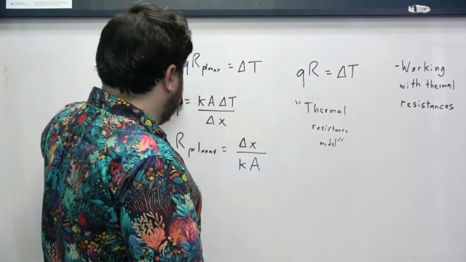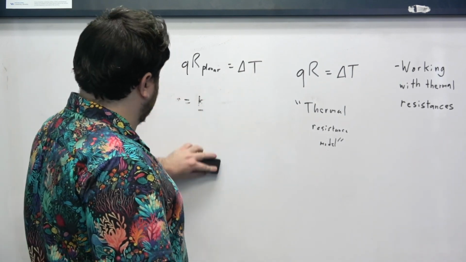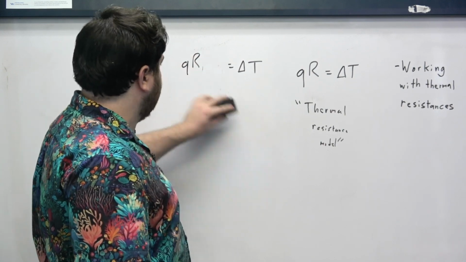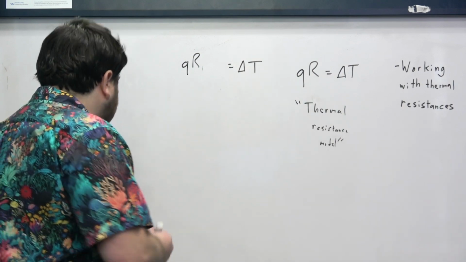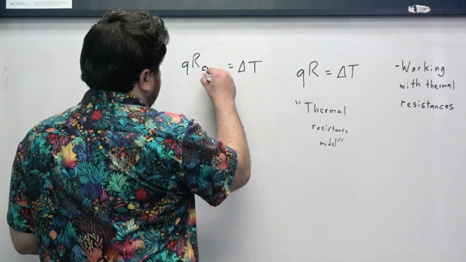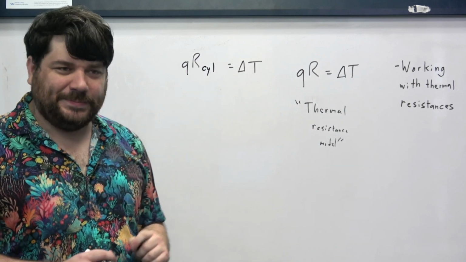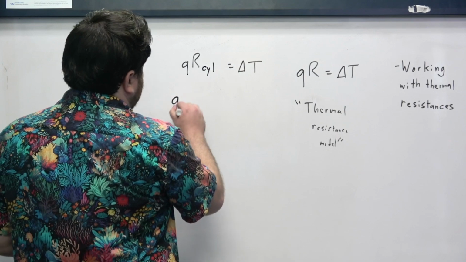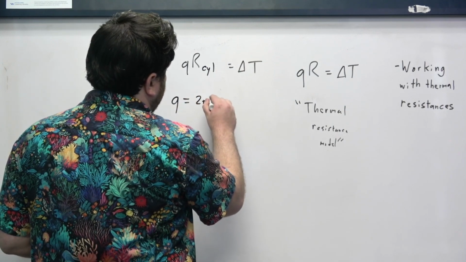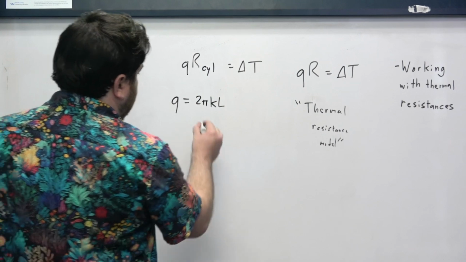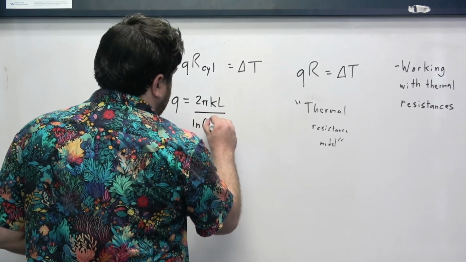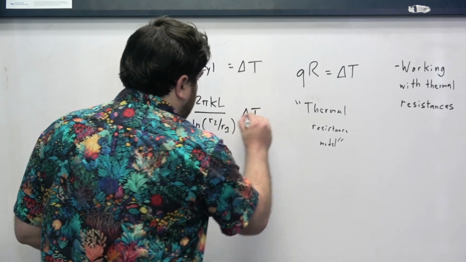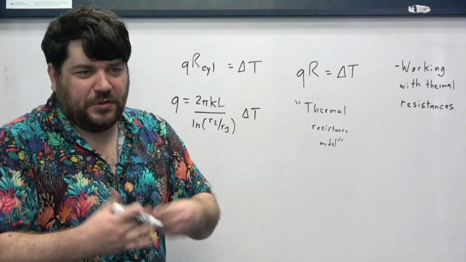Now in the cylindrical case, the expression that we're going to get is a little stranger just because of all of that interesting geometry that we have to consider, right? So we had written down that Q was equal to 2 pi KL divided by the logarithm of R2 over R1 times the delta T. So what do we do?